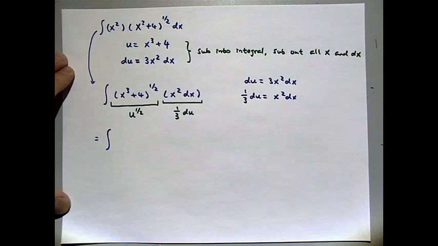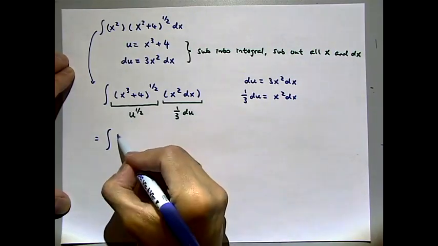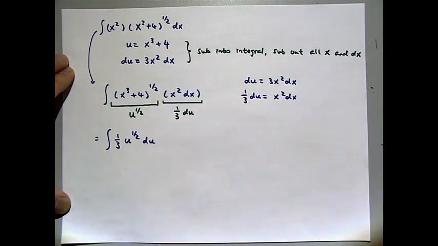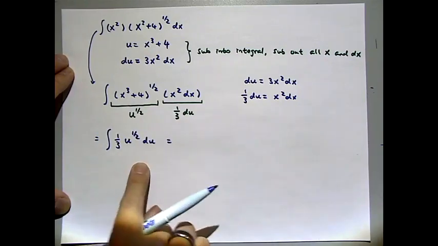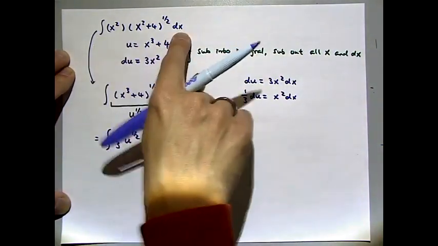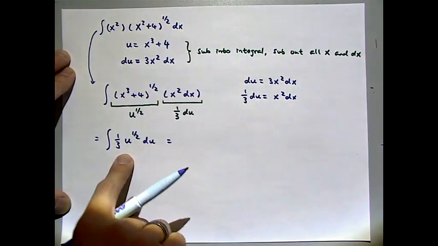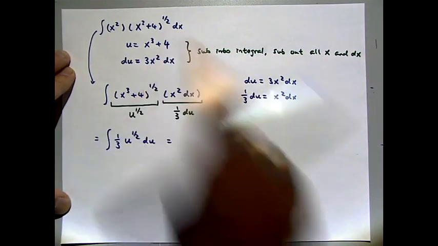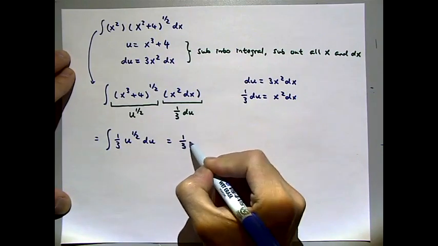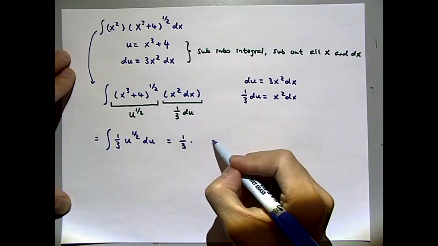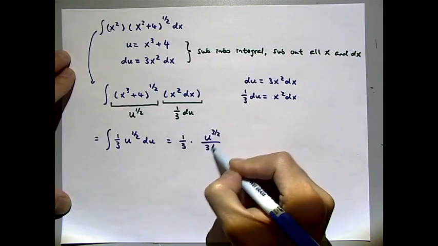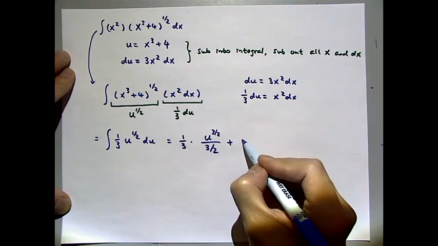So now notice all the x's and dx are gone. So this is simply 1/3 times u to the power of 1/2 du. And now it becomes very simple. That's the whole point of integration by substitution. Take a complicated looking thing, change it into something simple with a different variable. So let's see, 1/3 doesn't do anything. It's a constant multiple. u to the 1/2, just basic power rule: add 1 to the old power, divide by the new power, plus some constant.